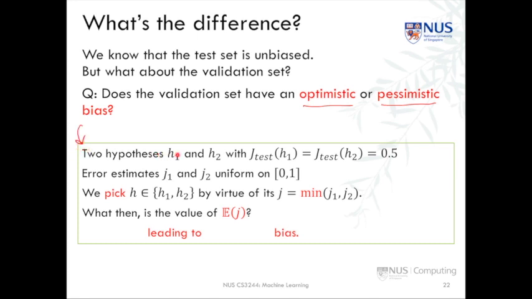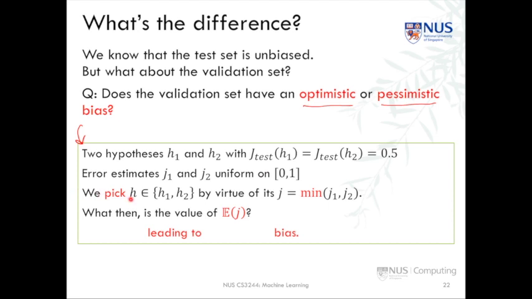Here we're saying we have two hypotheses, H1 and H2, that have the same test cost estimate of 0.5 chosen on a uniform distribution between 0 and 1. So they're equivalent with their expected value of the test cost.